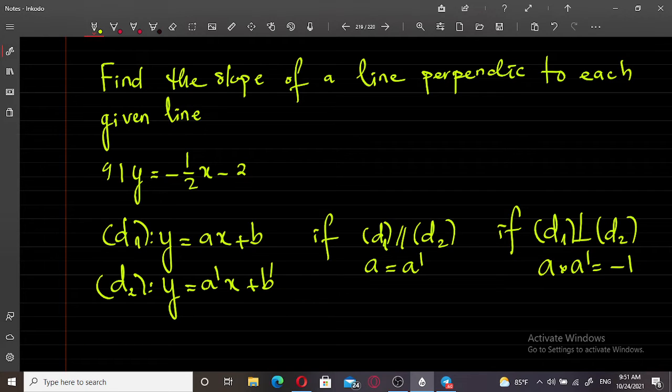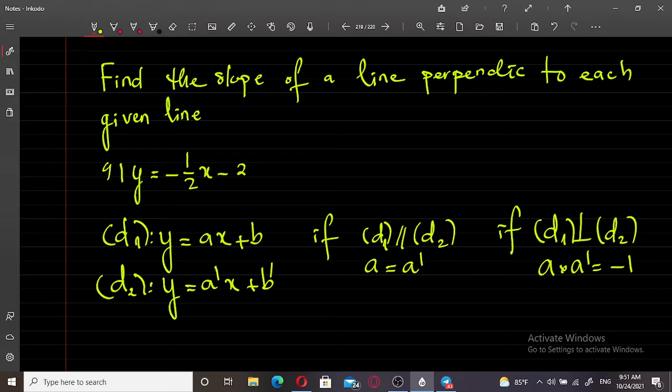That is the formula you have to remember: when two lines are perpendicular to each other, the product of their slopes equals negative 1.